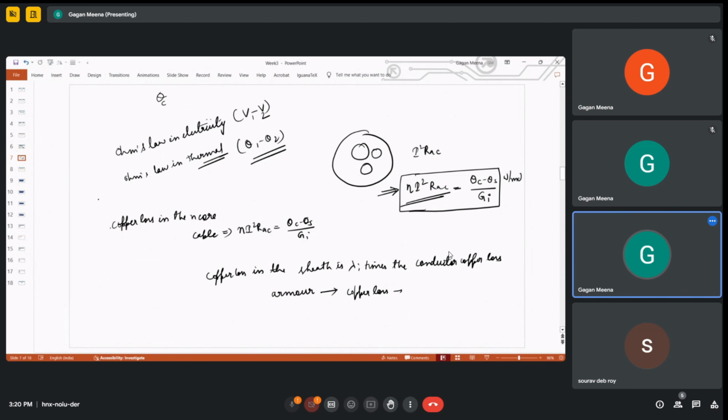Then the total losses will become 1 plus lambda 1 into n I square R AC watts. Okay.